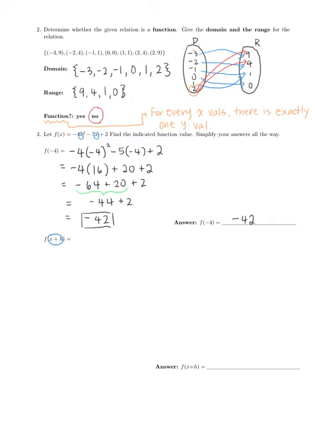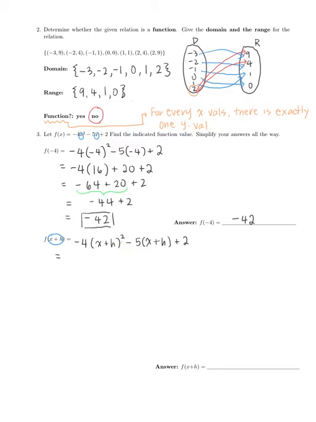So here we're going to have negative 4 times x plus h squared minus 5 times the x plus h, and then plus 2. All right, now next step, be careful. This portion right here, x plus h whole quantity squared, does not equal x squared plus h squared, by the way. Remember, exponents indicate repeated multiplication.